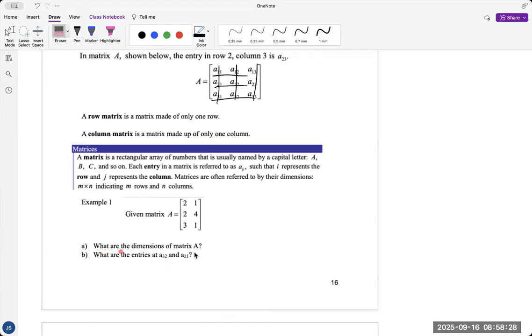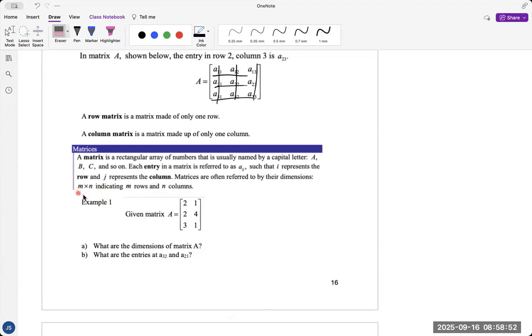It says, what are the dimensions of matrix A? When they ask for dimensions, they mean the number of rows first, and then the number of columns. Matrices are often referred to in dimensions m by n. It looks like m times n, but they're not saying that.